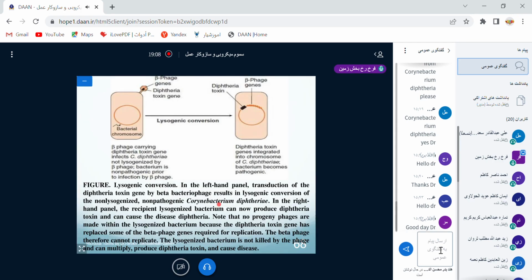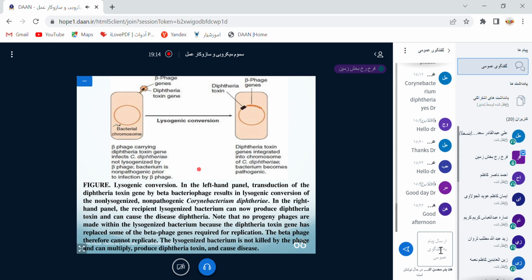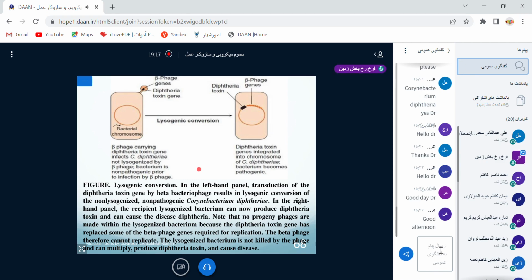Okay, so what did we understand? We understand that those Corynebacterium diphtheriae without phage are not so harmful, and the immune system very easily removes, suppresses, and kills them.